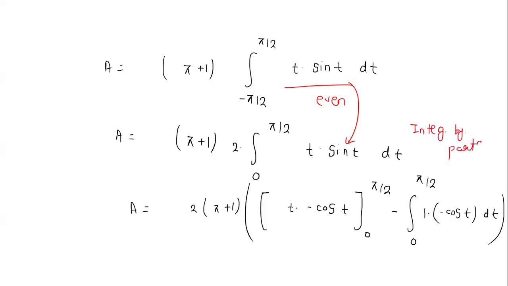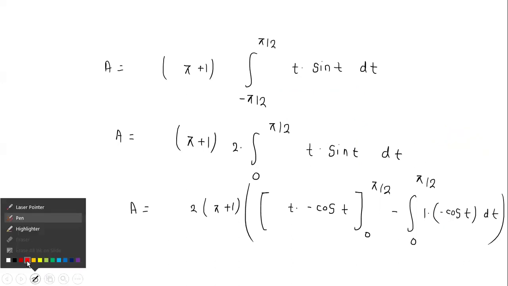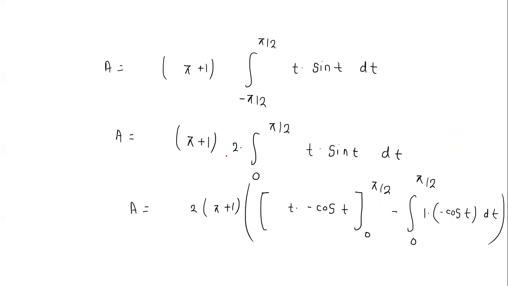Now you can apply the integration by parts here. Here we have this thing, and you keep t as it is. Sin t integration is minus cos t. Limits are from 0 to pi by 2. There is a minus sign. T differentiation is 1. Sin t integration is minus cos t, and the limits are from 0 to pi by 2. Now you see, if you put pi by 2, then this will become 0. If you put 0, then this thing will become 0.